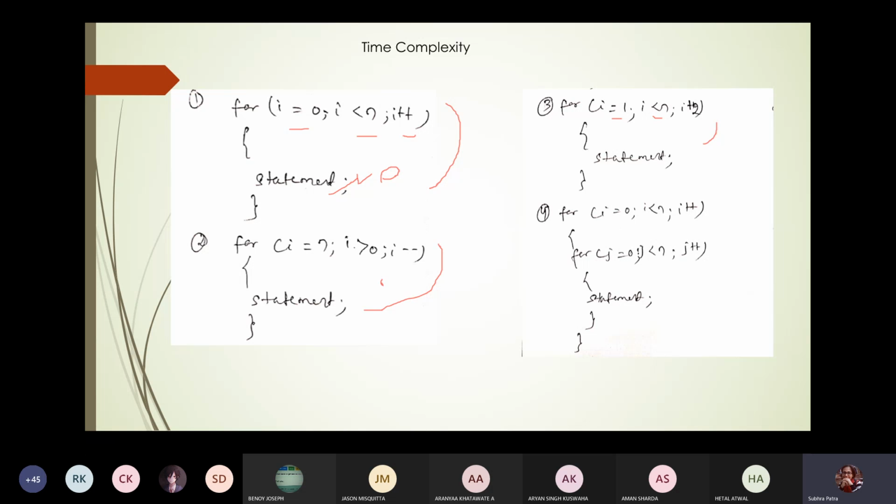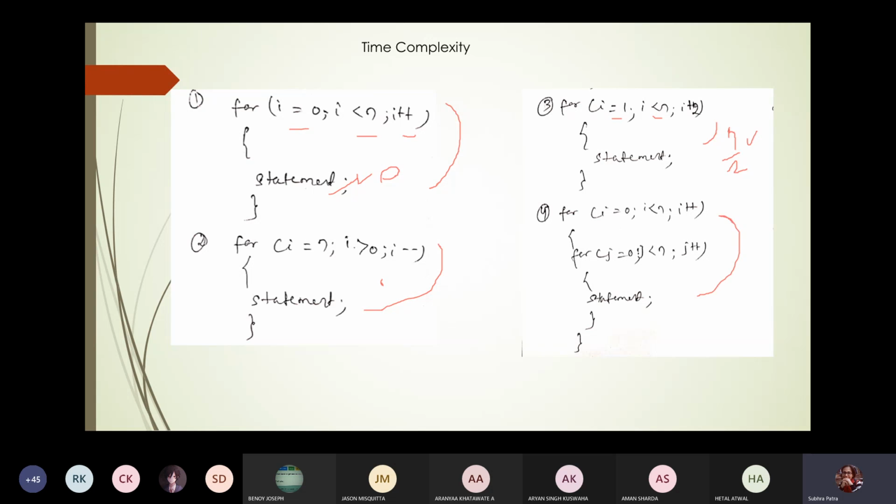Every time it takes i plus 2. N by 2, ma'am. So the order will again be n, because we take the polynomial part.